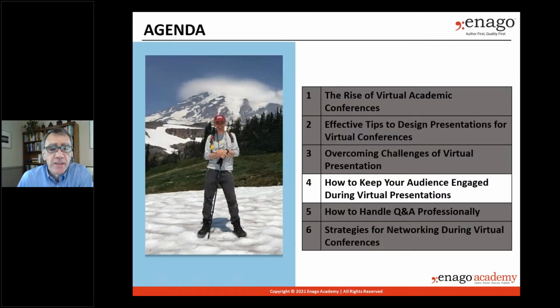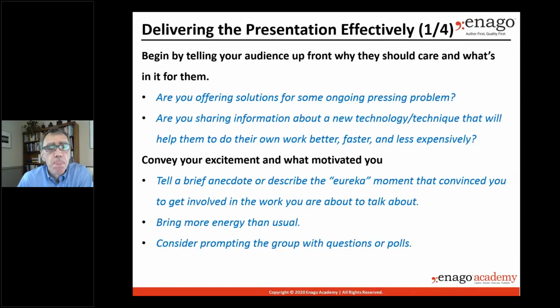How to keep your audiences engaged. All right. Basically, these are just a bunch of additional tips for how to keep your audience engaged. You're so interested in your research and your findings or your idea, but you want to somehow translate your enthusiasm and interest into something that would be of interest to them.